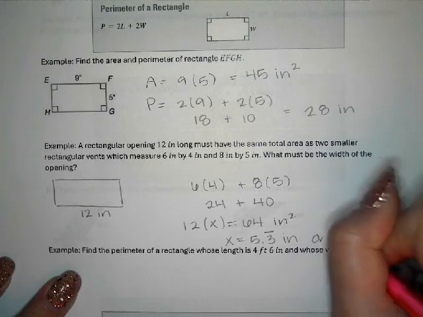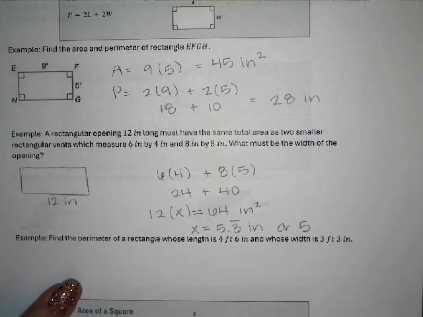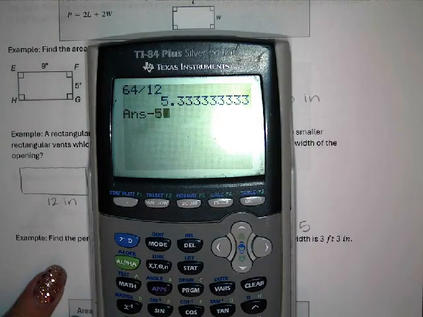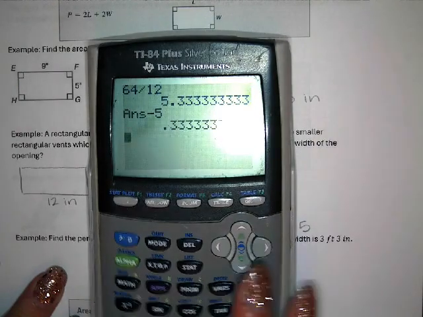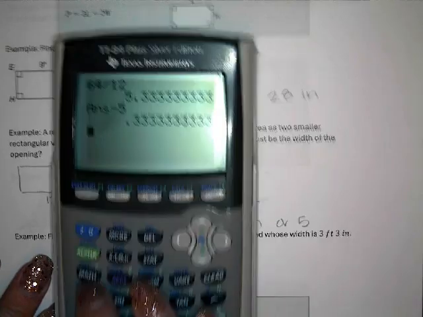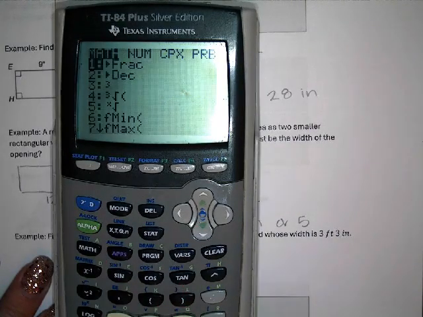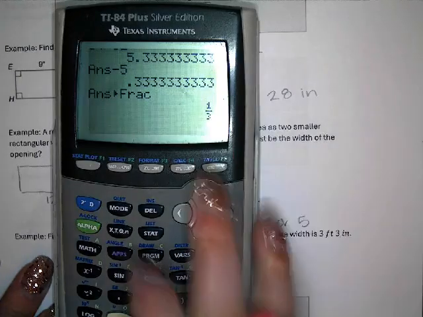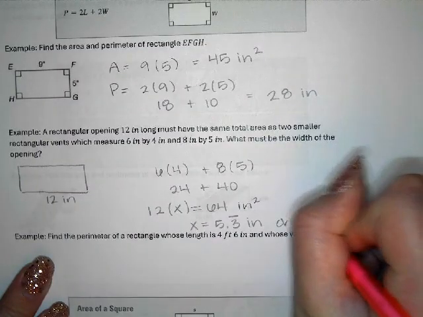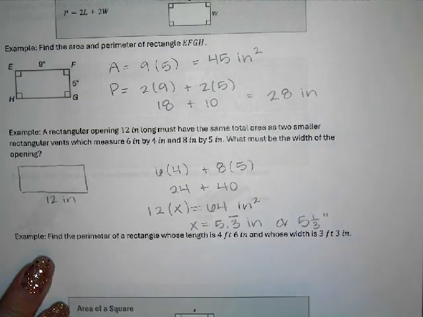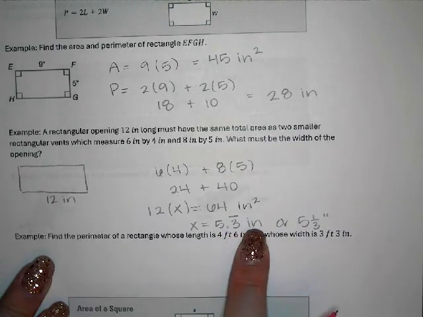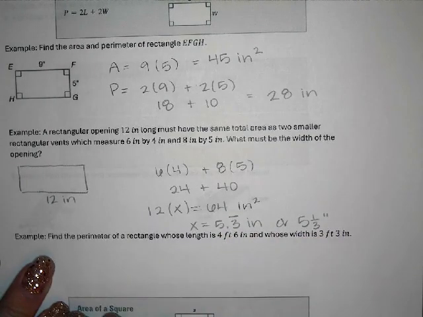And 0.3 repeating. I'm going to minus off the 5. So I just get the 0.3 repeating. If I hit the math button right here, if you have the same calculator as me, it'll tell you that's 1/3. So 5.3 repeating inches, or 5 1/3 inches is how wide that opening should be.